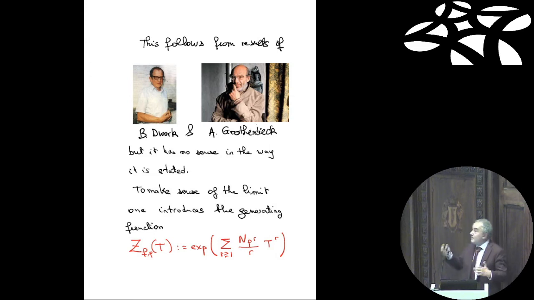And so this is why I have chosen this form, which also I consider quite striking. It's a combination of results of Bernard Dwork, who was an American mathematician, but who was very close to Italy. He was for several years professor in Padova. And Alexander Grothendieck.